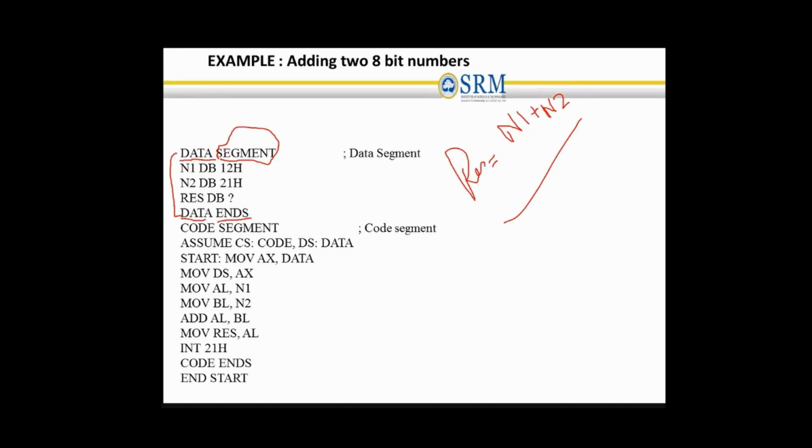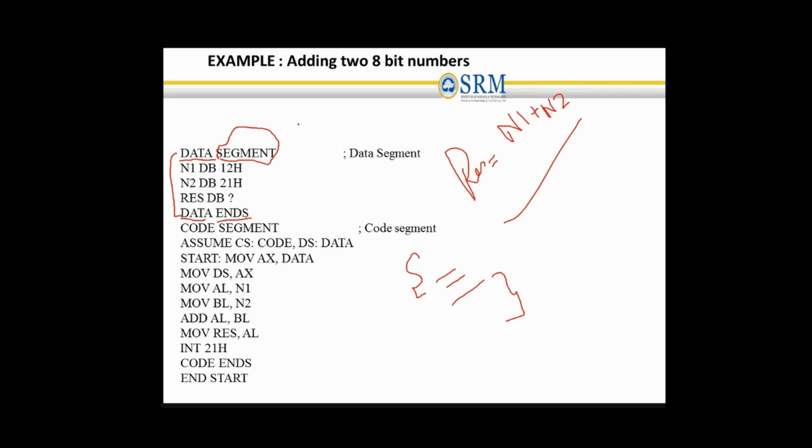This is the starting location of the segment and this is the ending position of the segment. Like in C language we have curly braces with a set of commands for a block, similarly here, in between data segment and data ends, I have to type all the data I'm going to use.